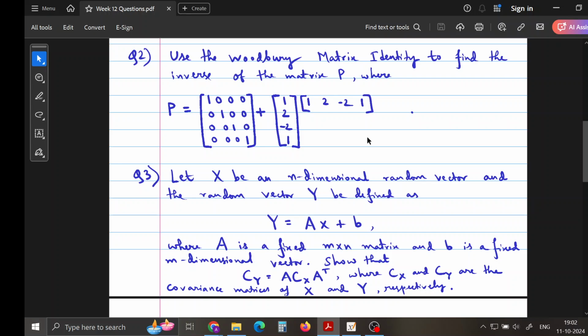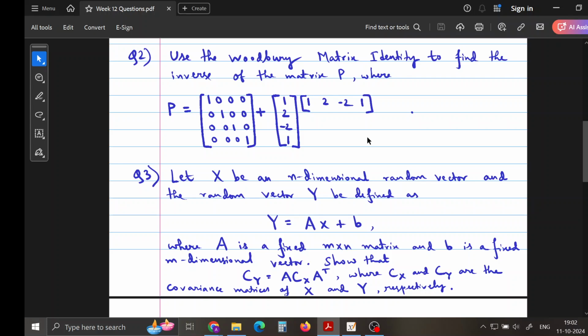So here we need to find the covariance matrix. The model that we have here is y equals Ax plus b, where x is your n-dimensional random vector.